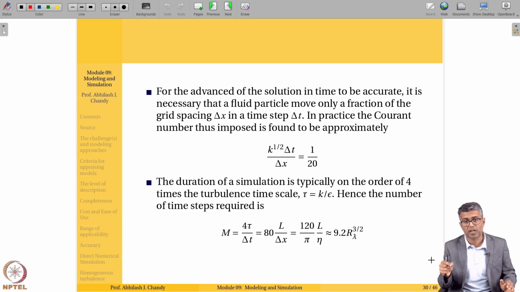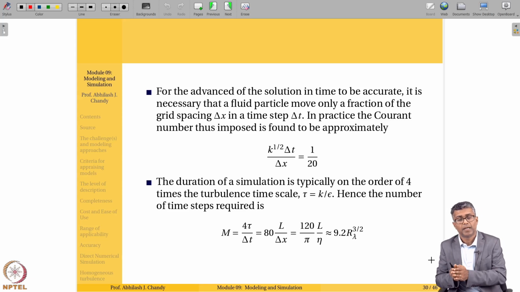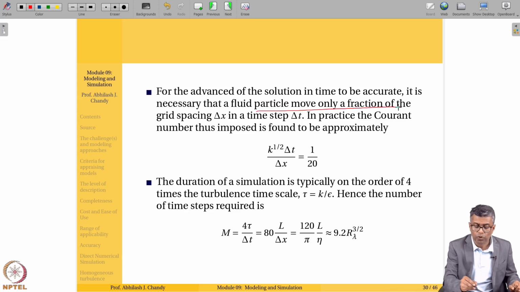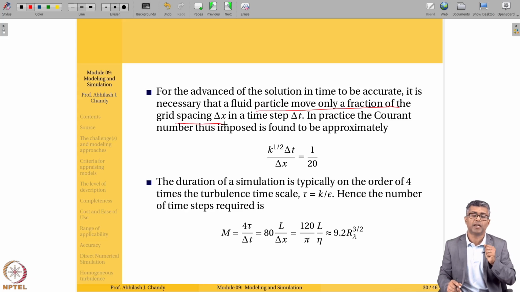At the next instant, if you want it to be accurate, your time step should be small enough. The advancement of the solution in time should also be accurate. That means it is necessary that a fluid particle move only a fraction of the grid spacing in the time step delta t, right? It cannot move one full grid spacing or more than that. Then you will be temporally inaccurate.